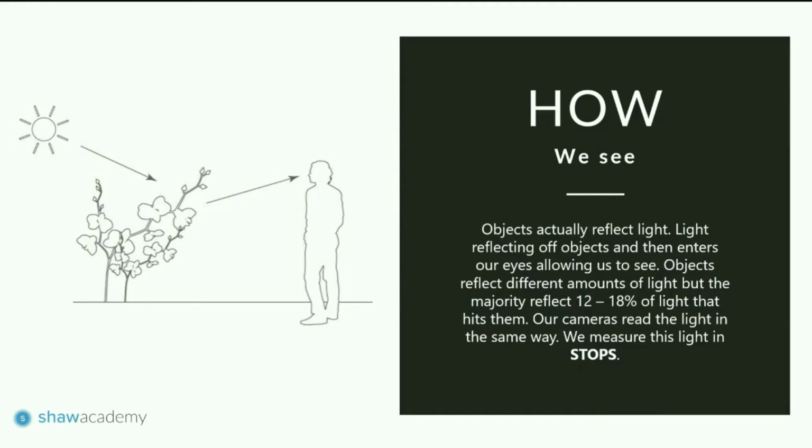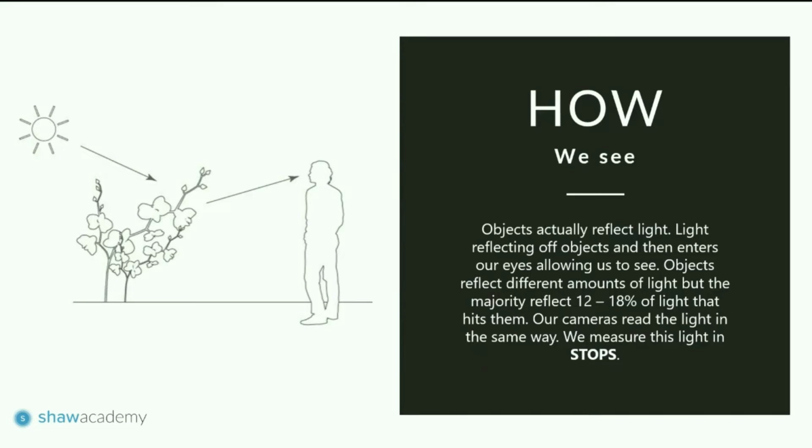Our cameras work the exact same way. Our cameras see light and read light in the exact same way. It reads the light reflected off everything around us, and it reads this light based on the principle that 18% of the light is being reflected off these objects.